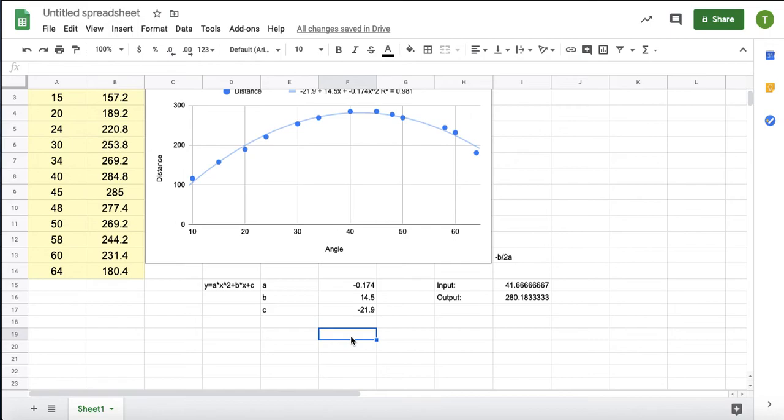This means I can also express my equation as a quadratic in vertex form. So my equation could also be expressed as y equals, a value is not going to change, so it's still going to be this negative 0.174, right? But now in parentheses, I'm going to do x minus h. Now my h value is this 41.667, right?